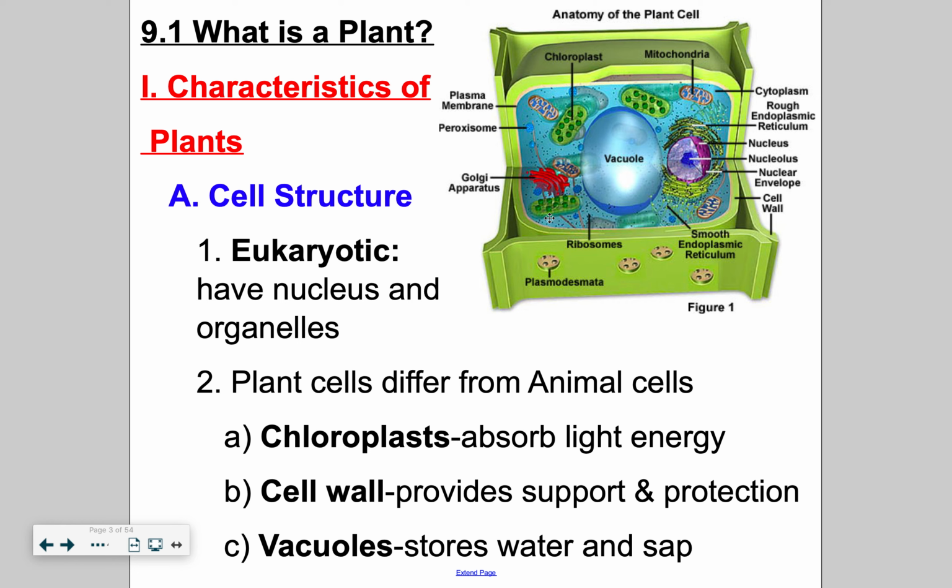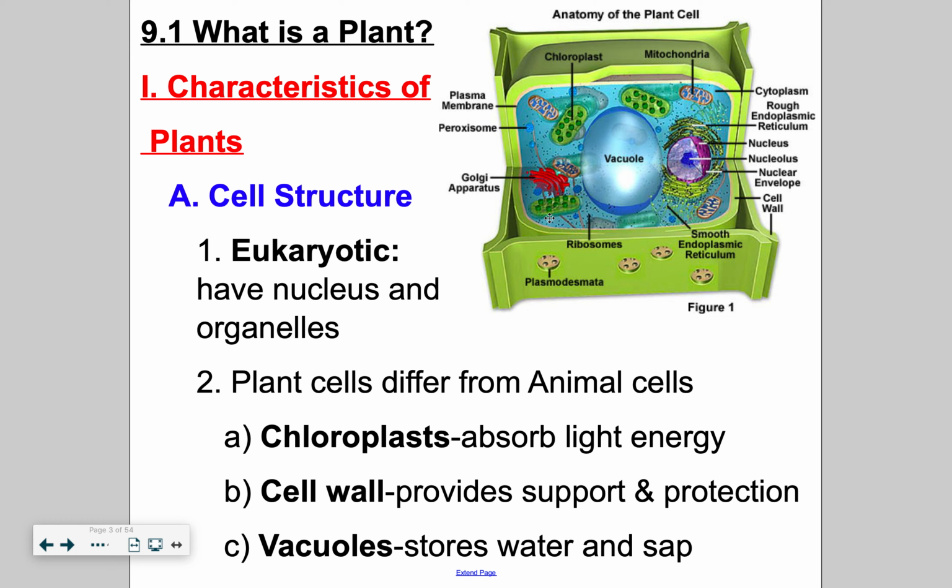Cell walls provide support and protection. Animal cells don't have a cell wall; they just have the cell membrane. Plant cells have a cell wall and a cell membrane. That cell wall is made up of cellulose. It's really hard for us to break it down. Only certain animals can digest cellulose, and they do it with the help of bacteria.